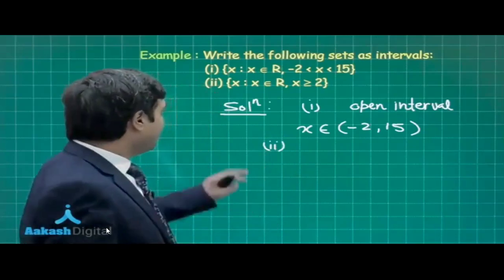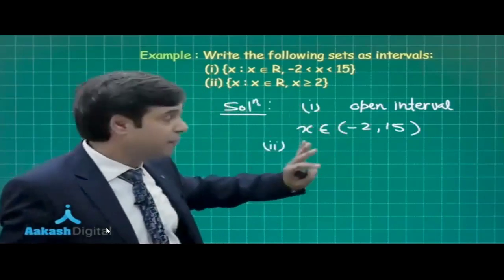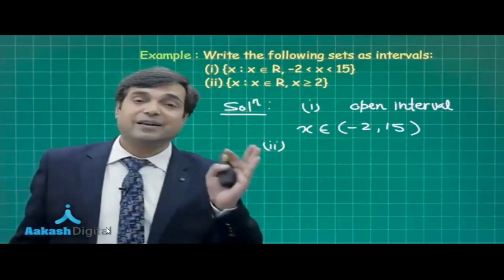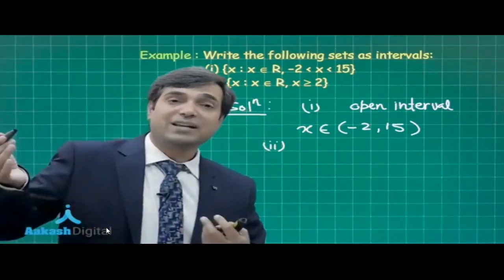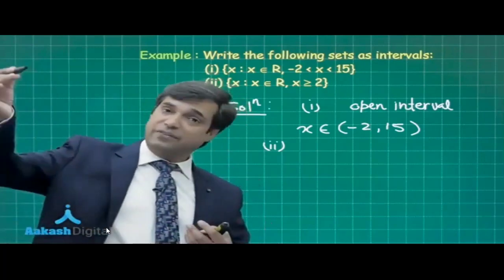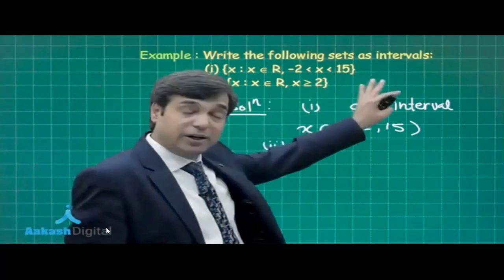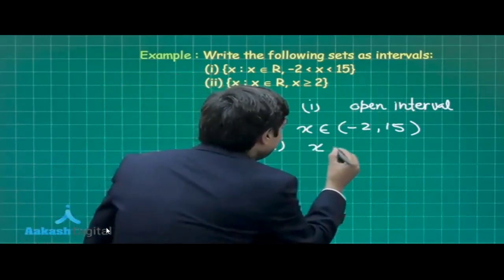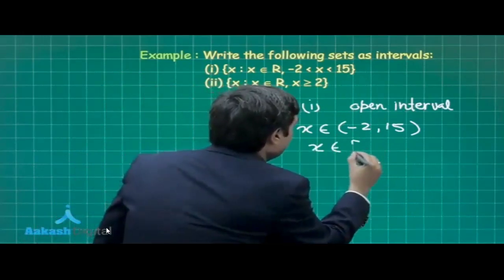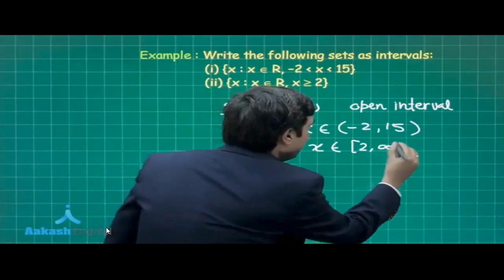Next, second part. X such that X is a real number and X is greater than or equal to 2. When you say greater than or equal to 2, meaning up to what extent? It's going towards infinity. So it's unbounded, approaching infinity, meaning X belongs to [2, infinity).